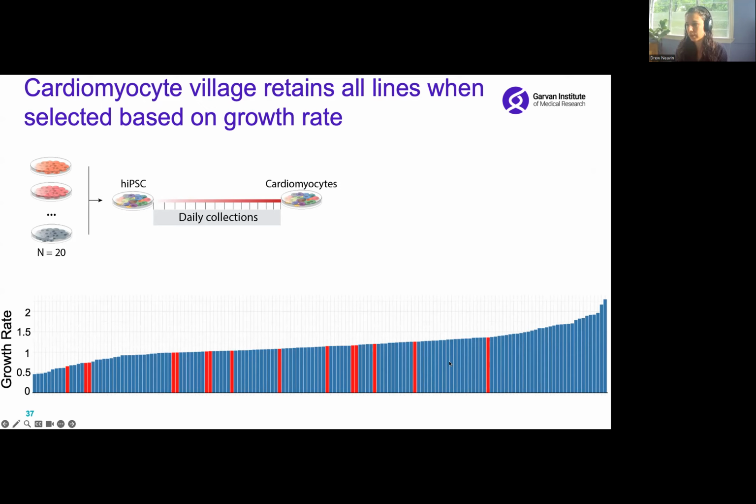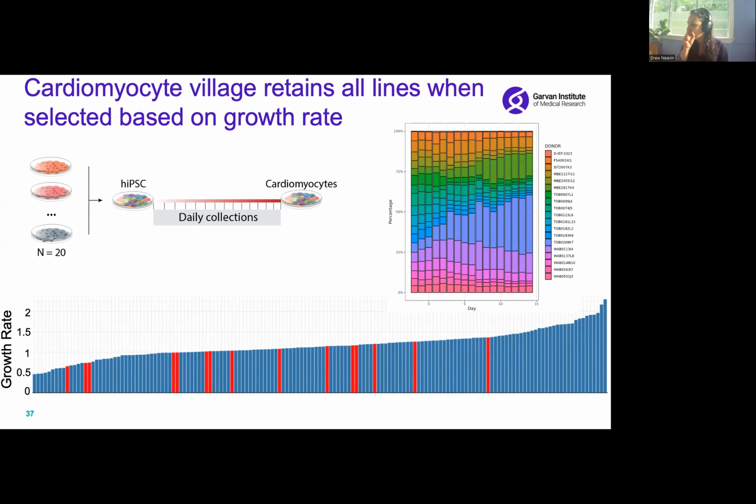But I will remind you that in the middle here, this variation is very small between the different lines and their growth rates. And so when we looked at the proportion of different cells that we have across this differentiation at each time point, we select by growth rates.